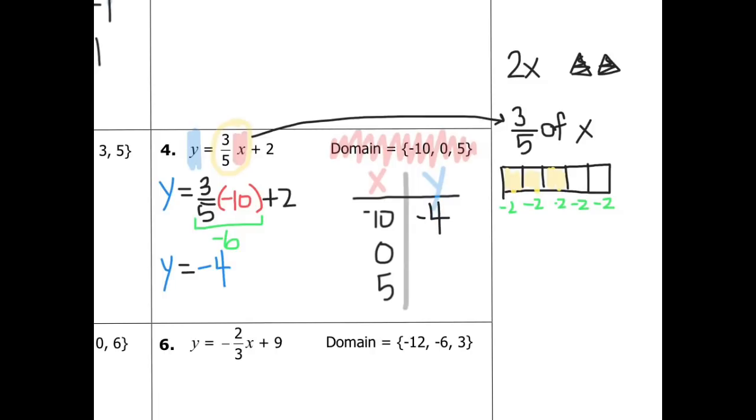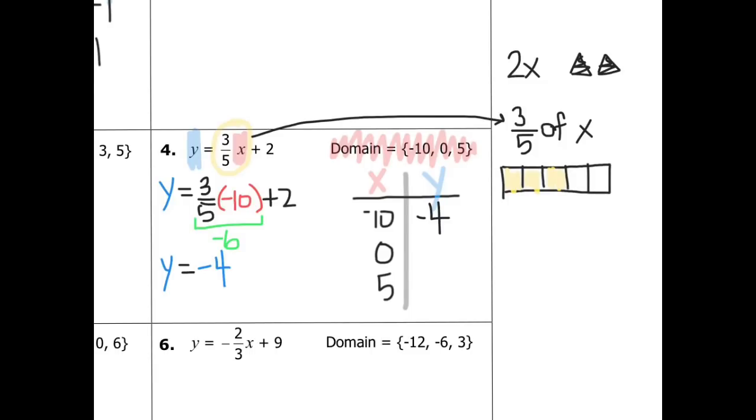Then I'm actually going to leave 0 because that one's pretty easy. 3/5 of 0 is 0. You can have that one for free. I'm going to go back over and try this whole thing again with an x value of 5. So I've got to go through the same procedure, but if I go back to my original, I'm just going to erase these 2's because these 2's are what my fraction looked like when I was talking about a whole of 10.